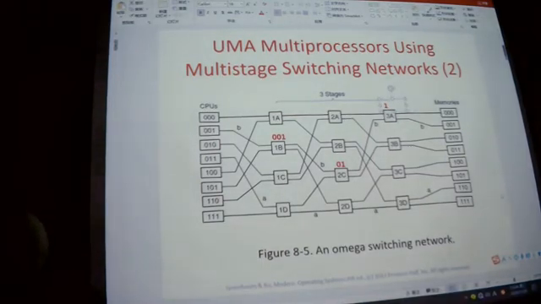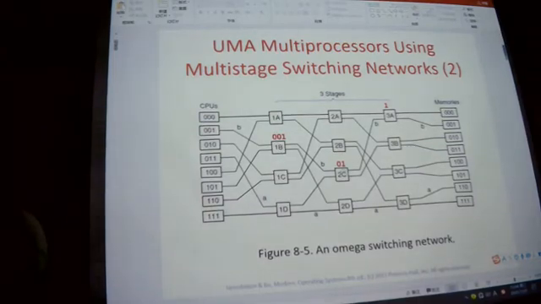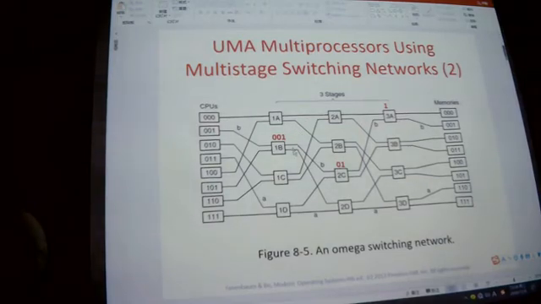So we can find that this switch handles 0. This switch handles 0, okay? And the last one handles 1. 0, 0, 1. Maybe you can find the rules.